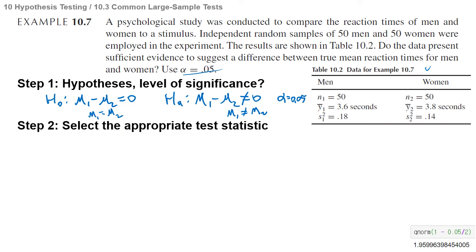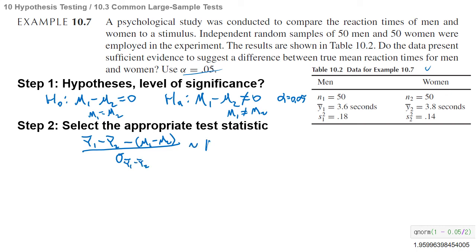And in step 2, we select the appropriate test statistic. For mean difference, the test statistic is y1 bar minus y2 bar minus mu1 minus mu2, divided by sigma of y1 bar minus y2 bar.